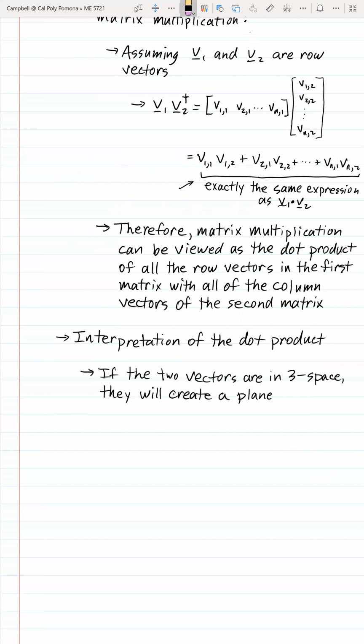Sorry about my handwriting. So those two vectors will create a plane.